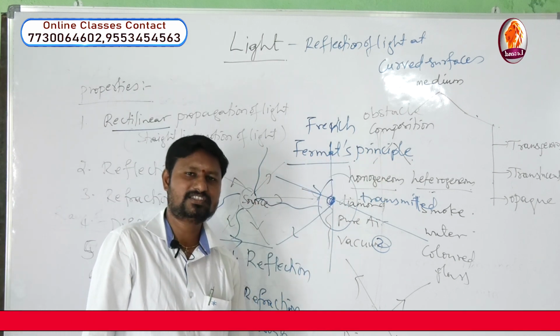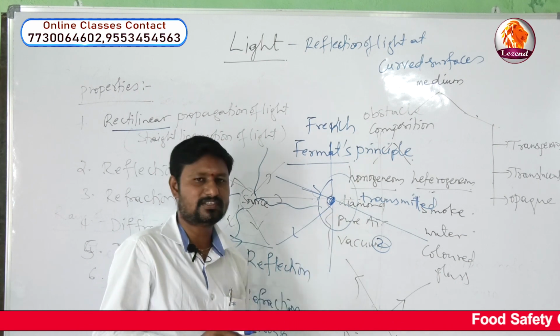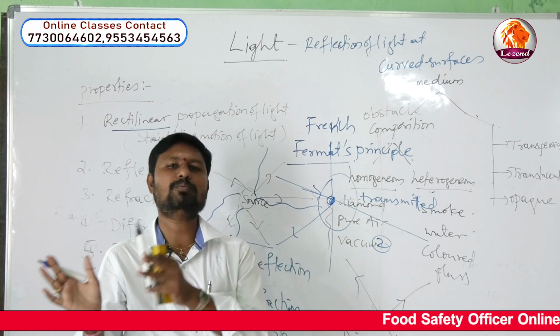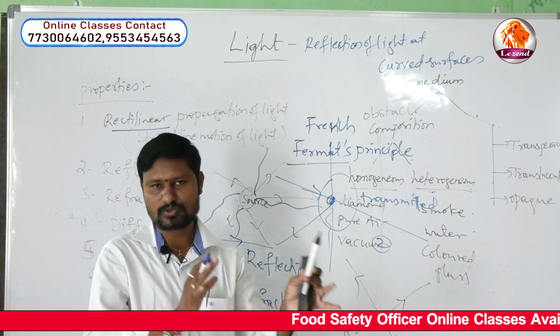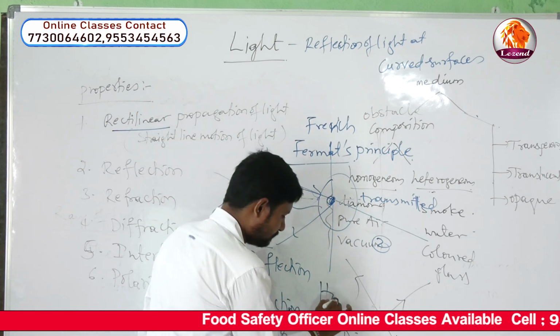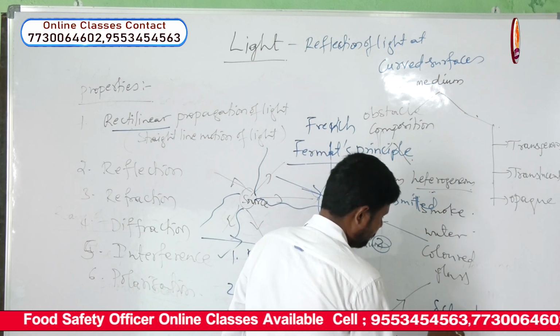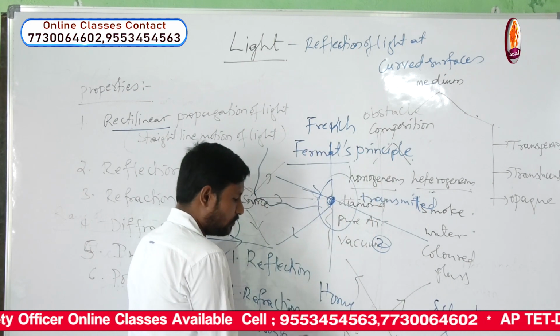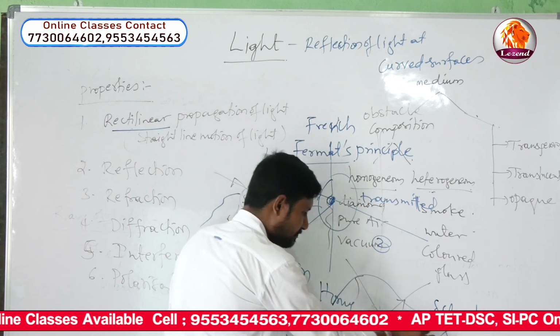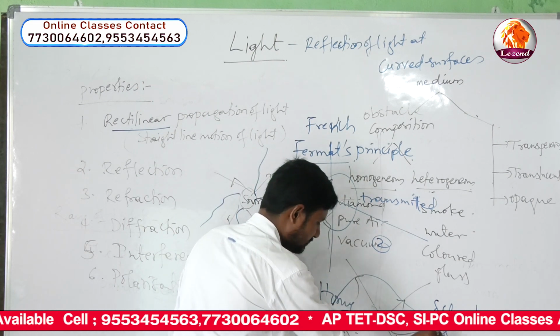For example, to understand this, you are going from your home to school. This is your home, this is your school. To go from home to school, you have various paths like this.